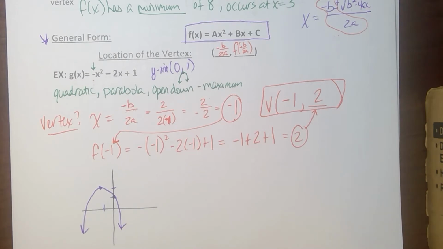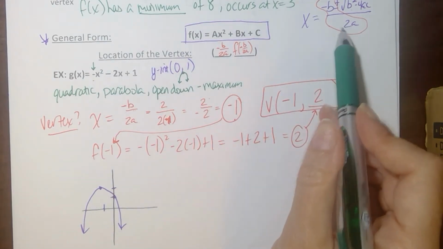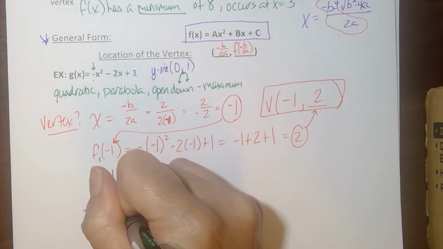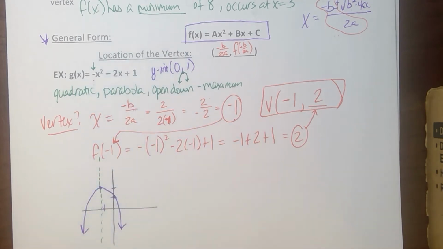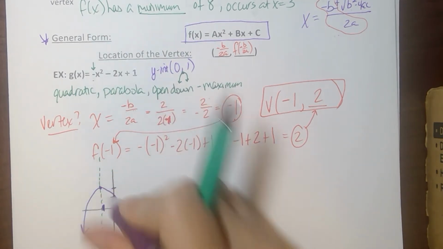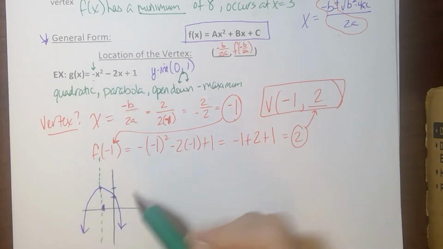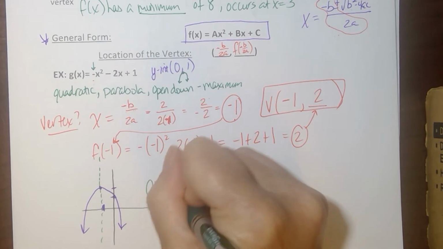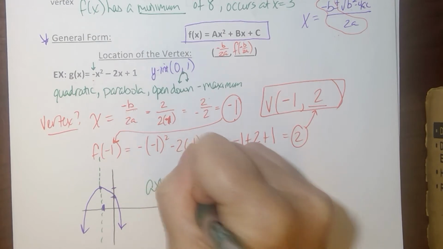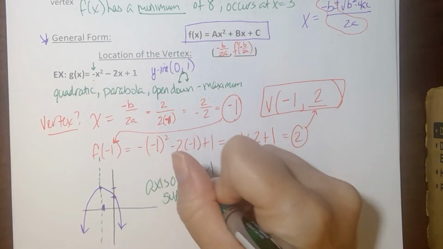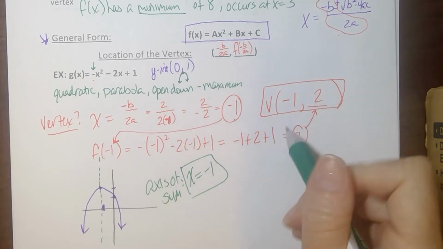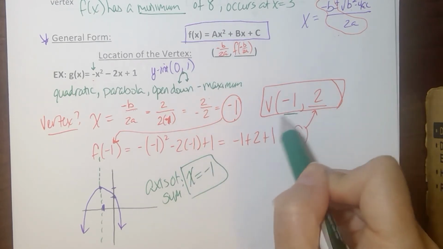The other thing that we've talked about on this page: maximum and axis of symmetry. I see that if I want to fold my graph down the middle so that the sides match up, my axis of symmetry is going to be the line x equals negative 1. That is always going to correspond to the x-coordinate of my vertex.